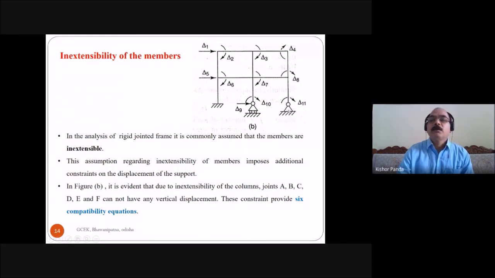And at the hinge support, due to the vertical reaction there is no vertical displacement, and due to the horizontal reaction there is no horizontal displacement. Only rotational displacement takes place, delta 11. So these are the 11 displacements in the case of inextensibility of the members.